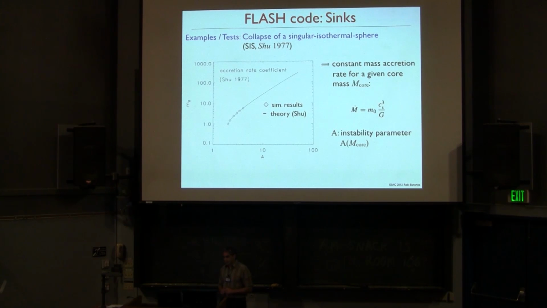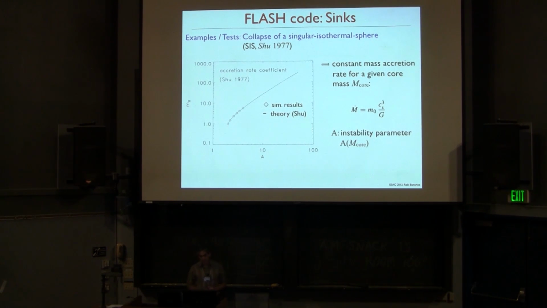Nevertheless, we did a couple of simulations probing different collapses of a singular isothermal sphere, and there's a formula with which you can calculate this m naught. It's not an analytic formula, but it's easy to solve, and this is done here by the straight line.